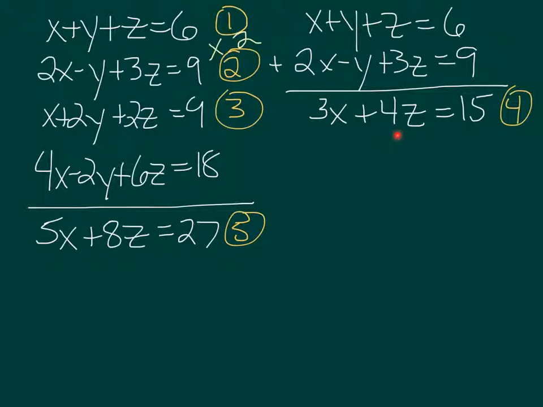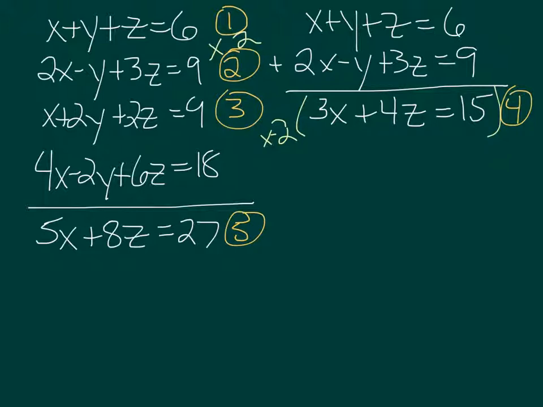And I'm going to choose z's to eliminate because all we have to do is multiply the fourth equation by negative 2, and that will get us different signs with the same coefficient for our z's. So I'm going to, again, multiply this one by negative 2.